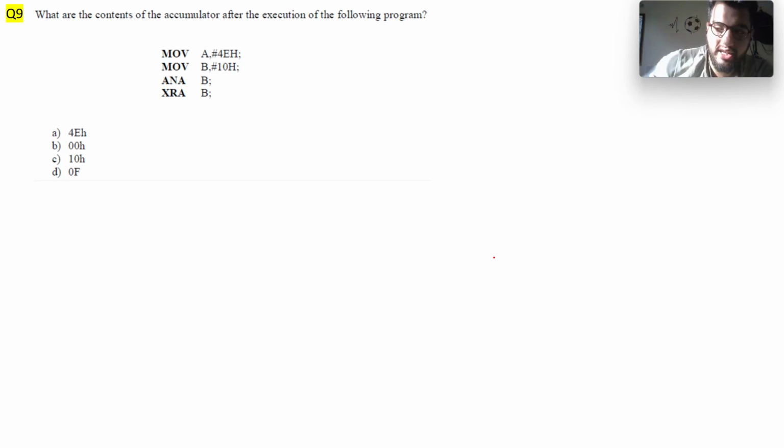Then XRA B, an XOR operation between register B and A. ANA A and XRA both store the result in the accumulator. So can you find out the contents?